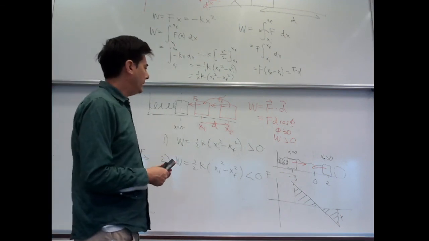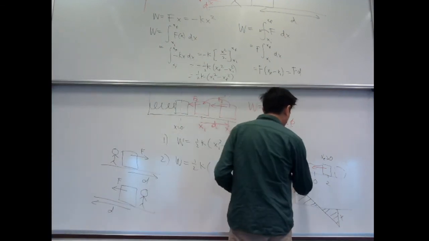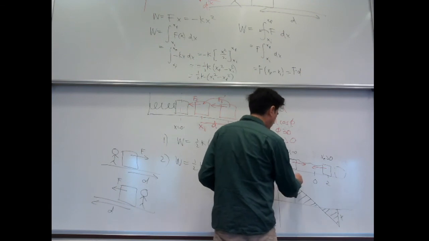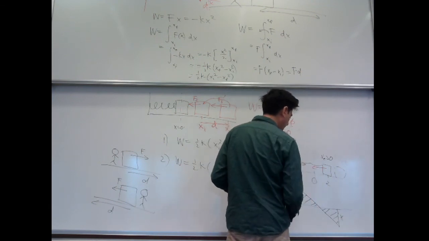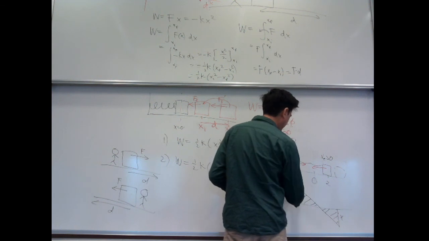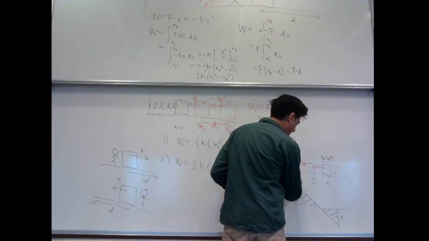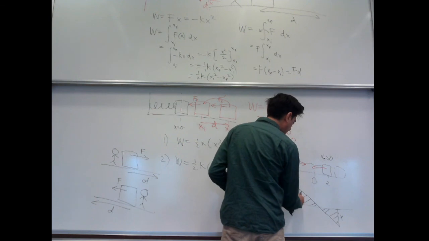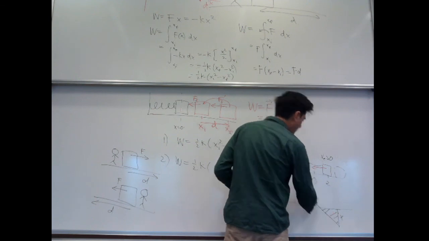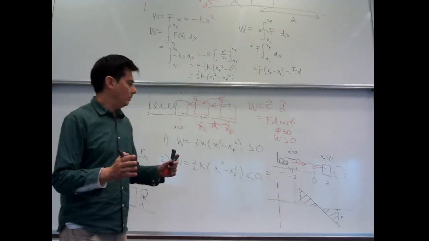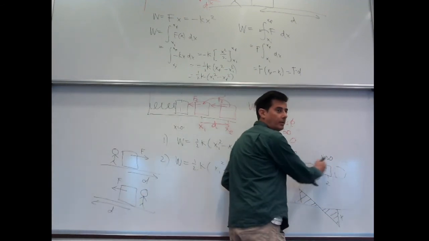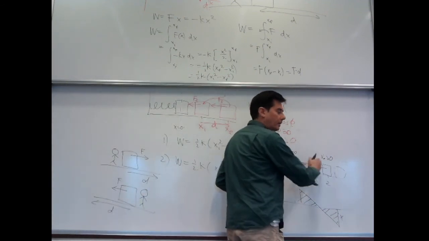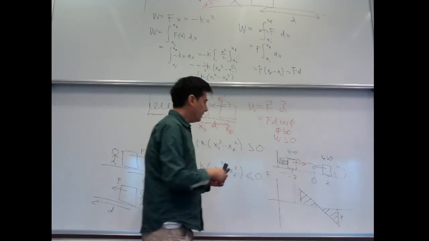Now, how to make sense of that? Basically, it's sort of like this. In this situation, just adjust to 0 here, so this graph is going to look a little bit more like this. The work in going from here to here and the work from going here to here actually cancel.